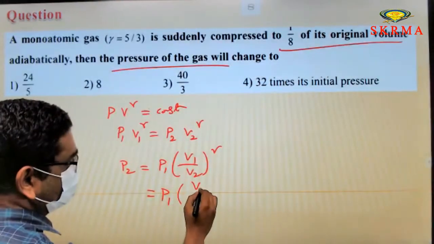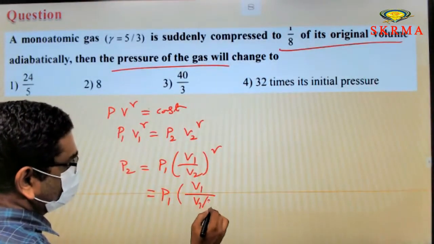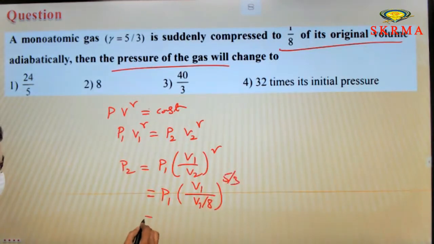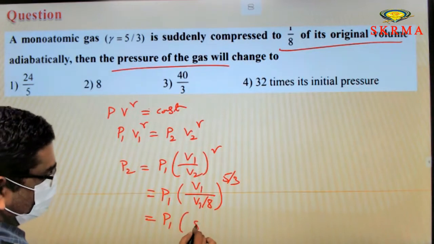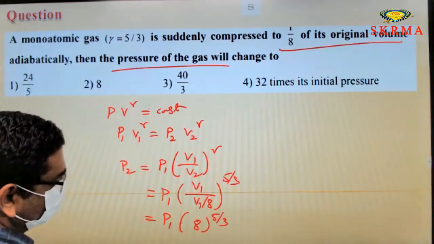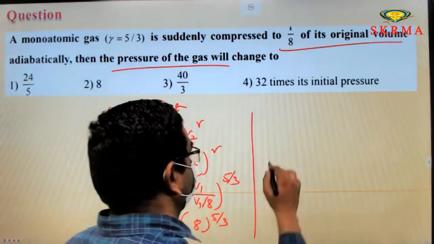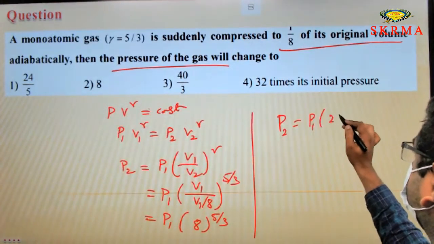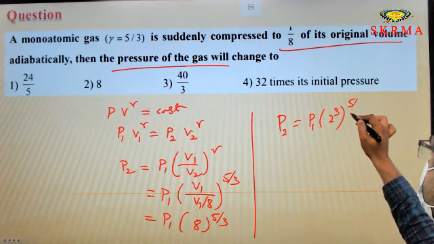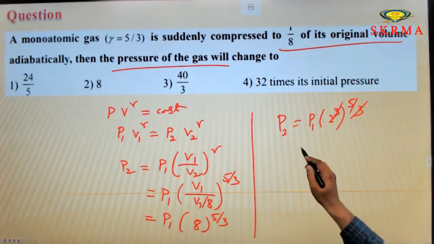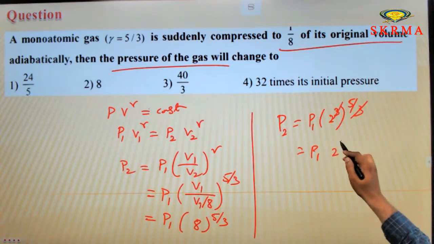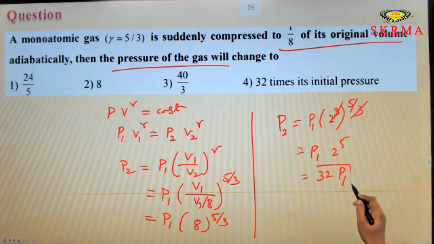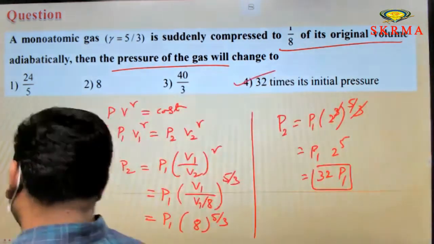That means V2 equal to V1 by 8. Whole power gamma is 5/3. So P2 equal to P1 into 8 whole power 5/3. 8 can be written as 2 cube, so 2 cube whole power 5/3. 3 and 3 get cancelled out. P1 into 2 power 5, that equals 32 into P1. 32 times the initial pressure.